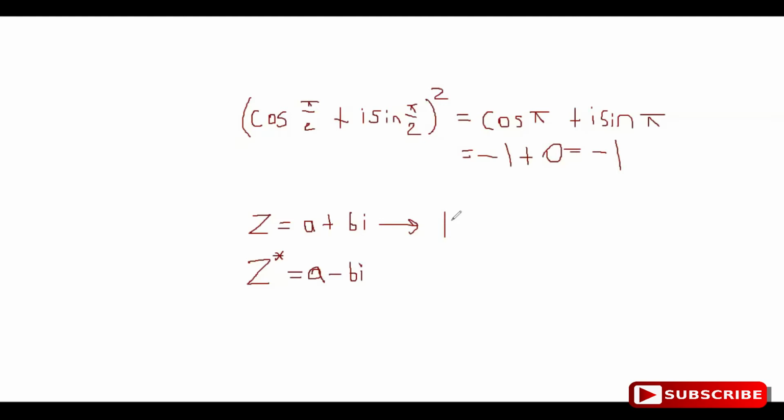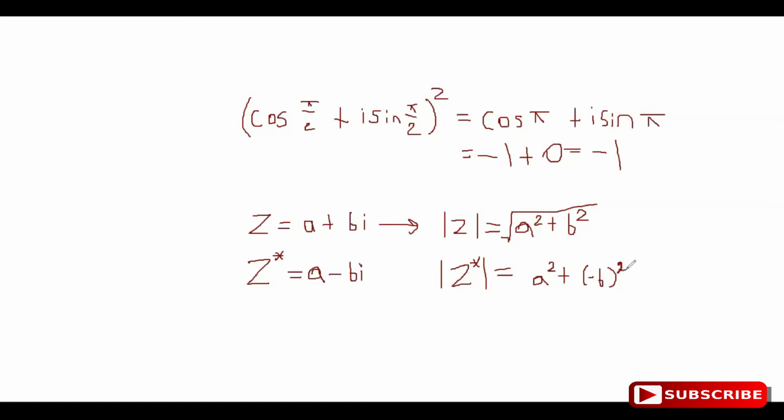And so the modulus of the complex number z would be equal to the square root of a squared plus b squared. That's the length of the complex number z. Now the length of the complex conjugate is going to be the exact same thing, because it's going to be a squared plus minus b all squared, but minus b all squared is just the same as b squared.